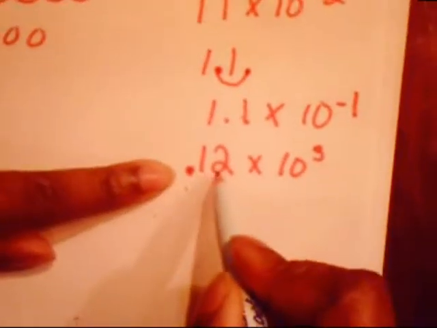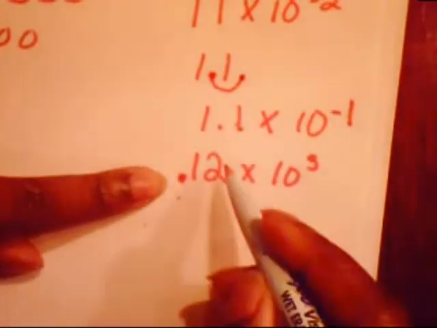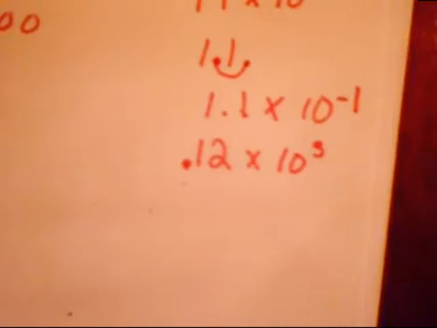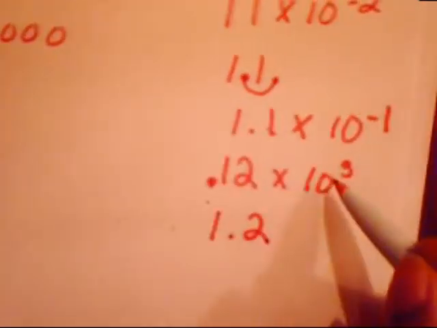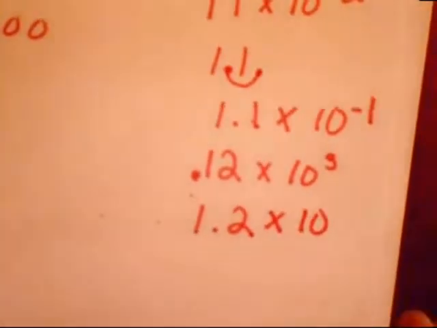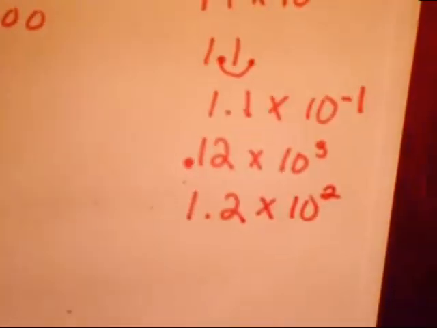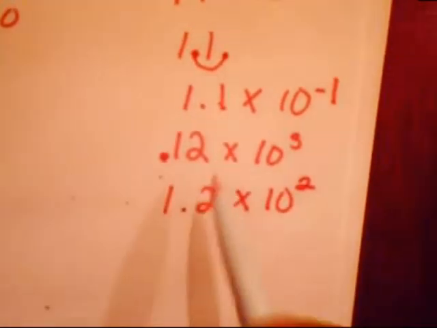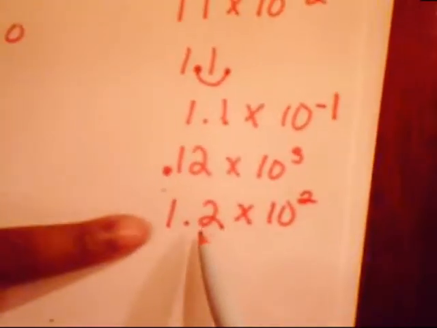So how can I make 0.12 bigger to meet the criteria? I would move the decimal point one place to the right to get 1.2. And since I made this bigger, I have to make this exponent smaller. What's 1 smaller than 3? 2.